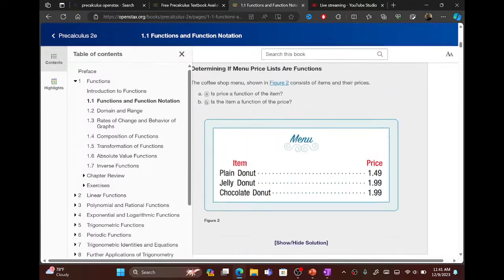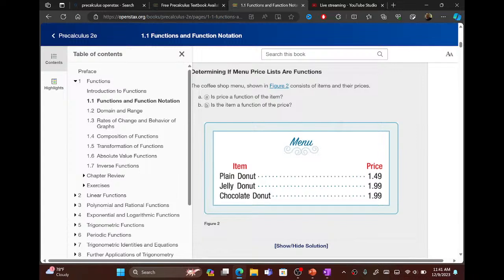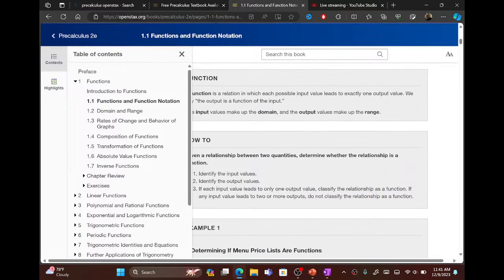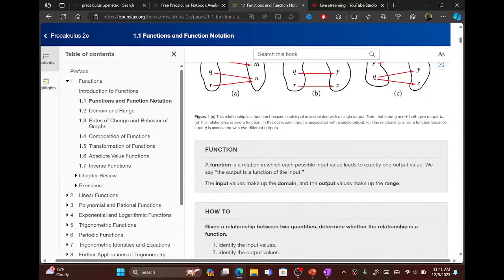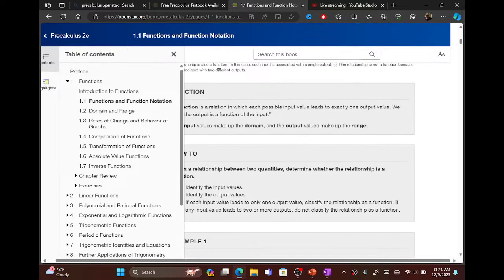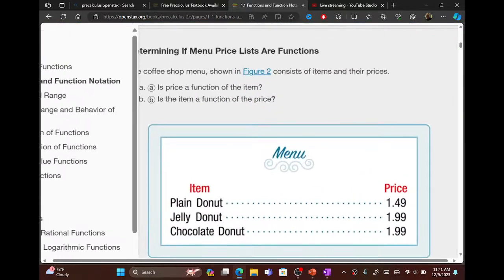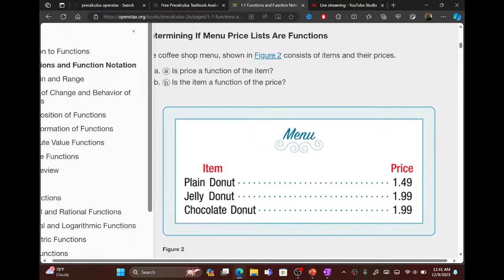For this first part, it's okay for this to be a function. We know that the inputs for this one are this. There's no repeated input.